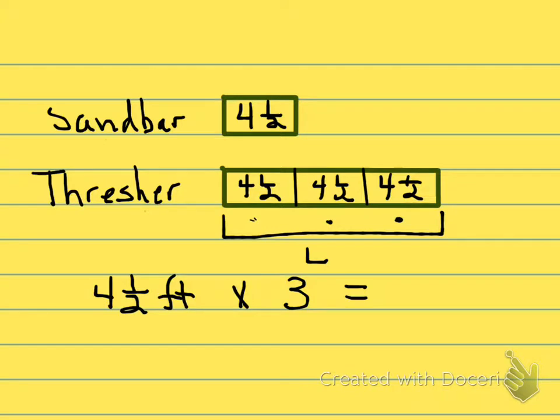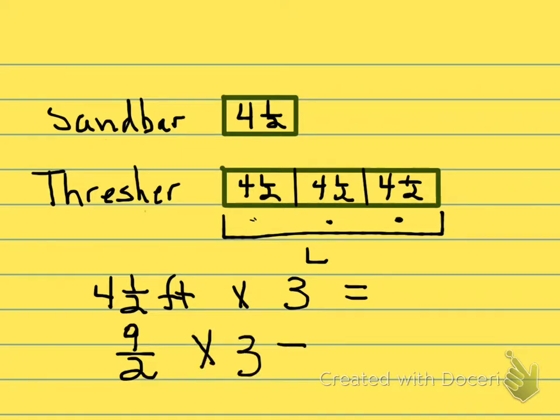So I'm going to have to convert my mixed number into a fraction greater than 1 whole. I'm going to do that by multiplying my denominator times my whole number. 2 times 4 is 8, plus 1 is 9. And of course my denominator stays the same.